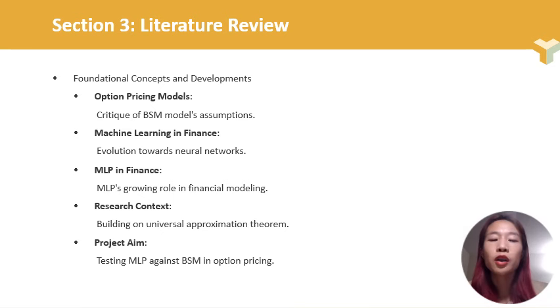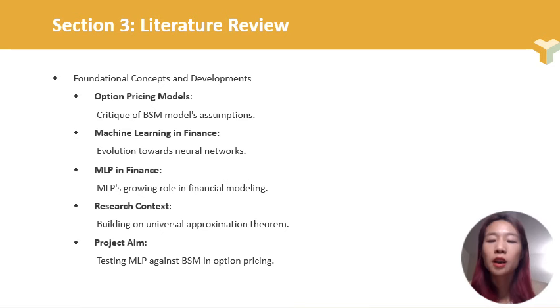The evolution of machine learning in finance has opened new frontiers, particularly highlighting the role of multilayer perceptrons in financial modeling. MLPs represent a significant advancement over traditional models due to their ability to handle nonlinearities and complex market dynamics. Our project situates itself within this evolving landscape.